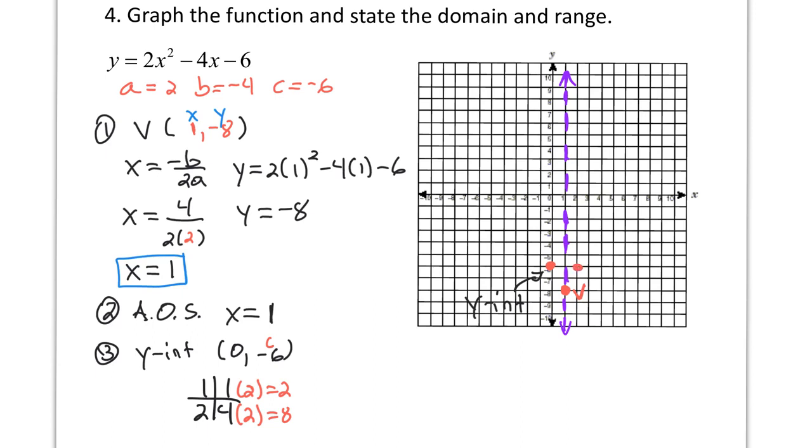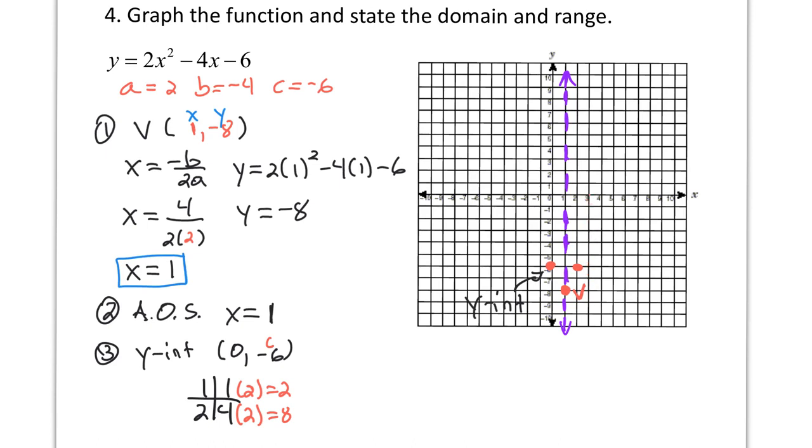So I make a point right here. And if you notice, pay attention, that point on the other side is the reflection of this point on this side. So we already got a reflection here. The y-intercept works as a reflection. But now I need to find my second point. So 2 to the right from the vertex, 8 up. 1, 2, 3, 4, 5, 6, 7, 8.